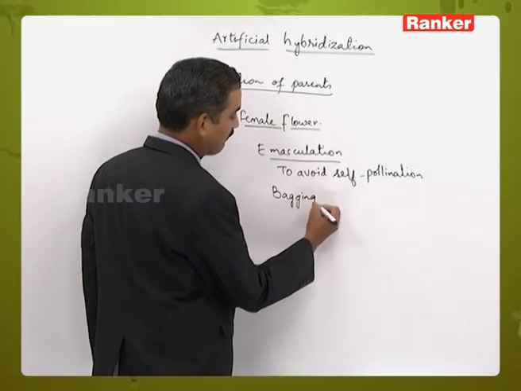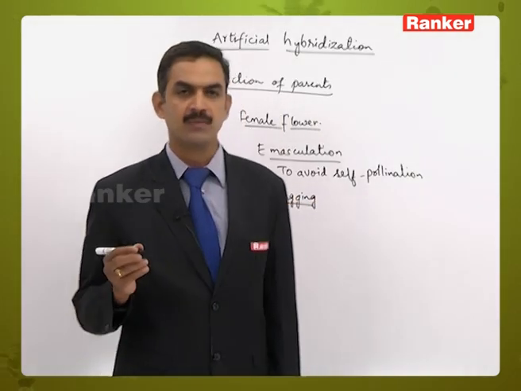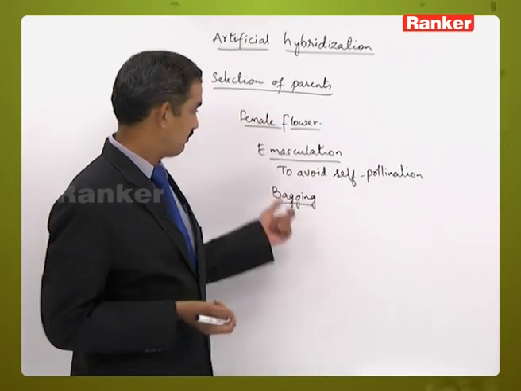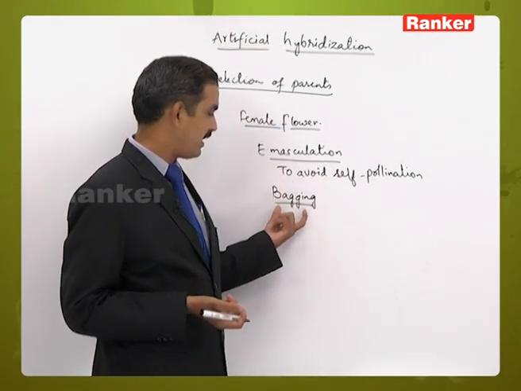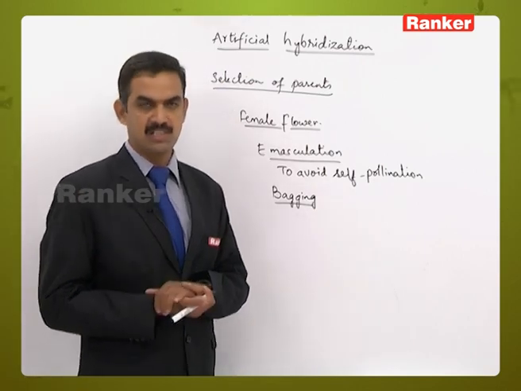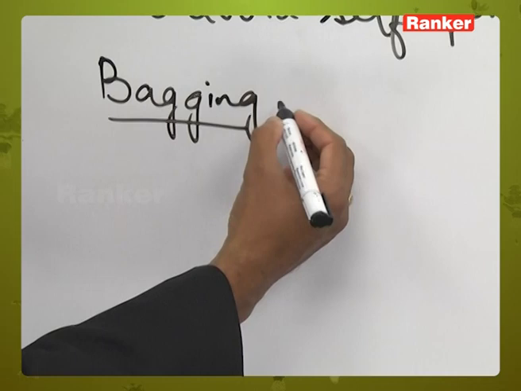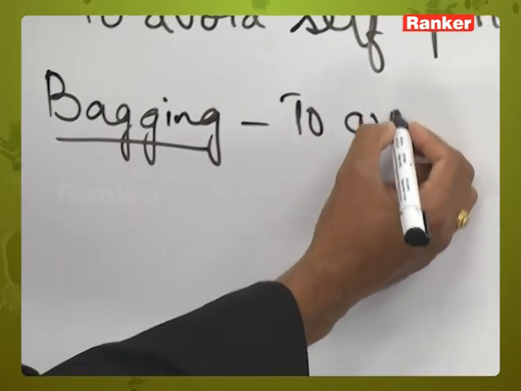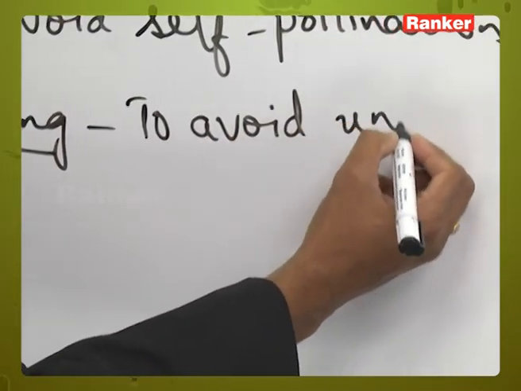The flower of this emasculated plant has to be covered with a plastic cover. That is called the bagging process. This bagging is done to avoid unwanted cross pollination.